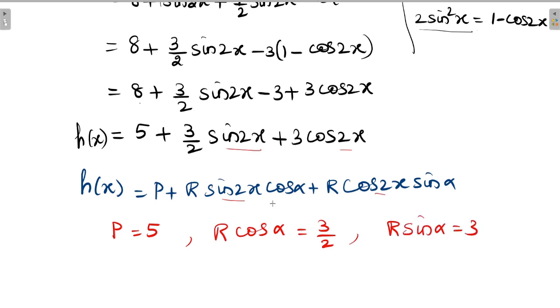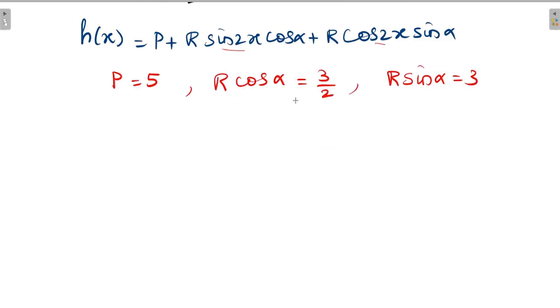Let's find out the value of r and alpha. Here one of the values we found. We know that sin theta by cos theta is equal to tan theta. So if we divide sin by cos, we can easily find the value of alpha.